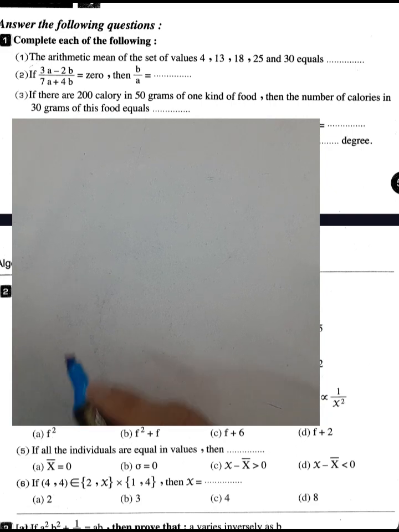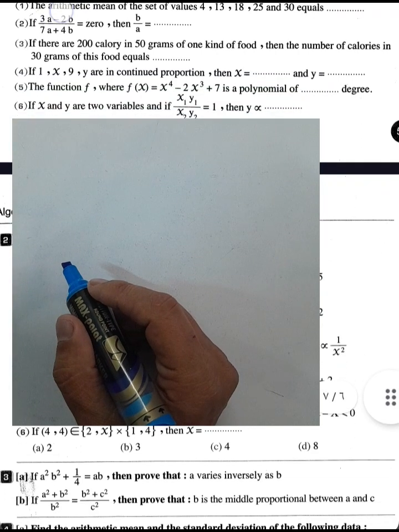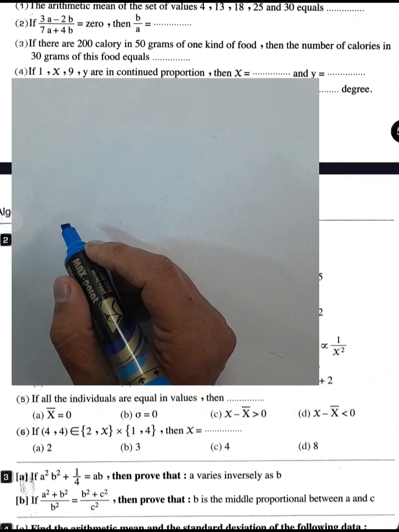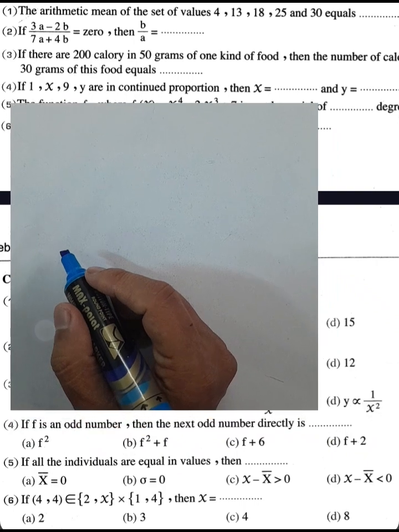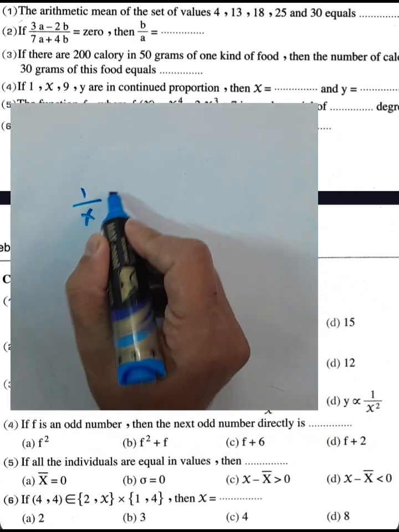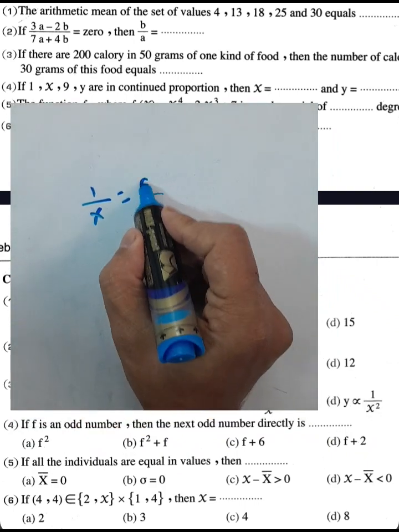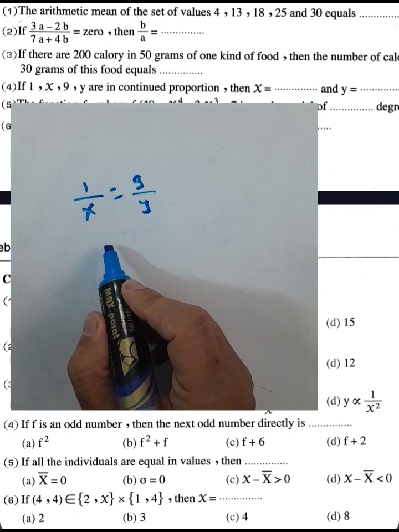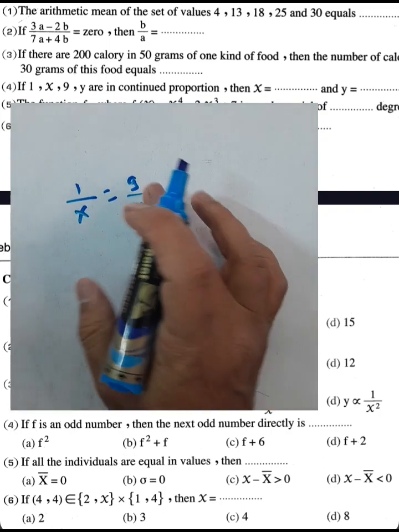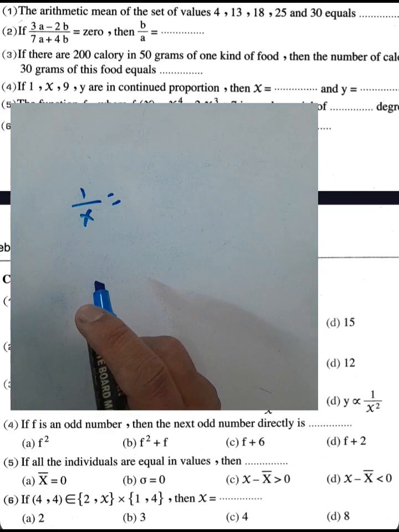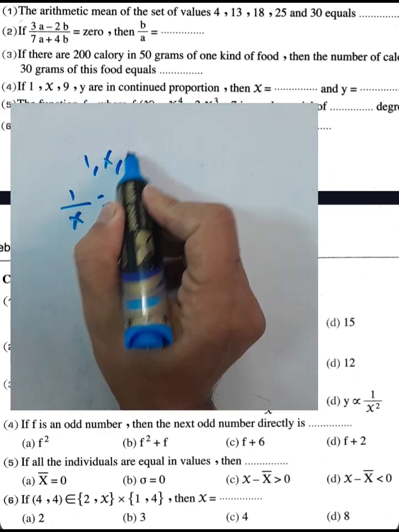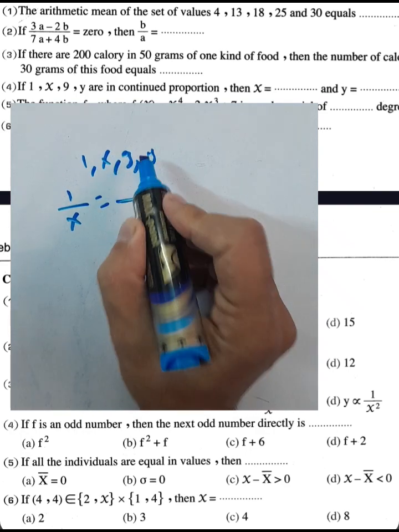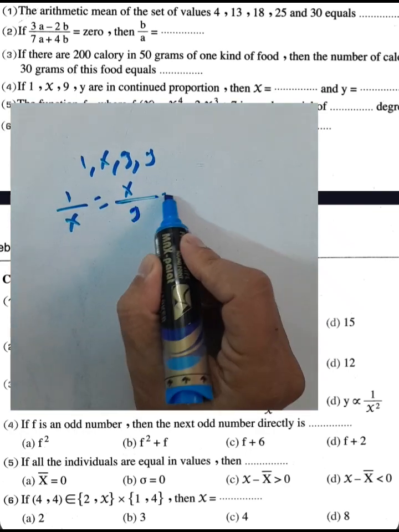Next question, number 4. If 1, x, 9, y are in continued proportion, then what are x and y? In a continued proportion, 1 over x equals x over 9 equals 9 over y.